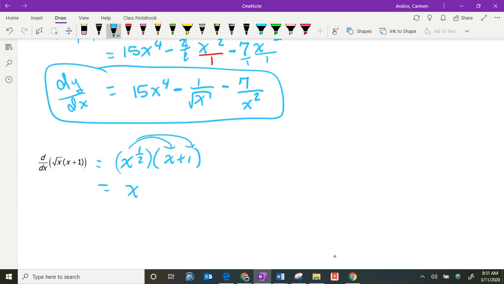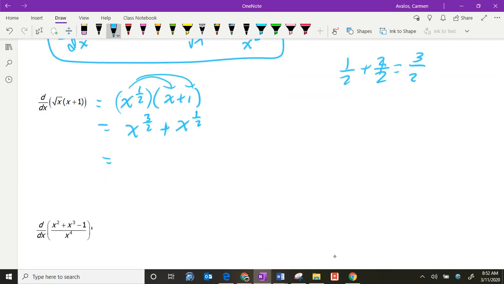So we have 1/2 plus 1, which is 2 over 2, so that ends up having 3 over 2. So x to the 3/2, because when the bases are the same, you add the exponents, and then plus x to the 1/2. And now, base x, number, exponent, and they're separate, we could take the derivative of it.